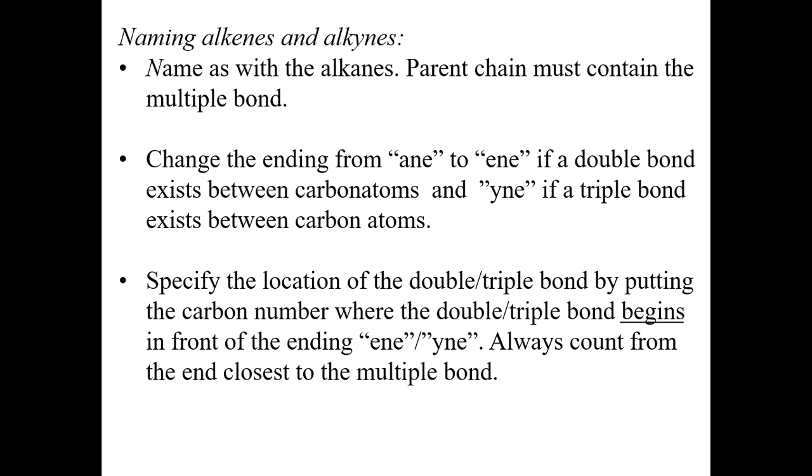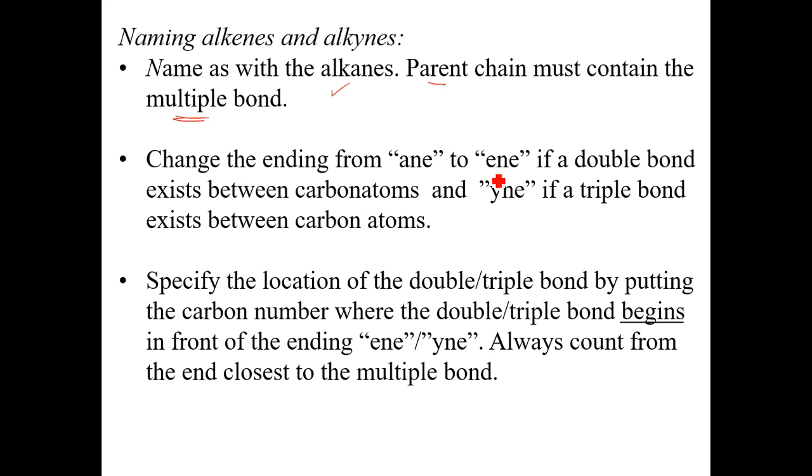So how do we go ahead and name these? Well, it's actually no different, except we're going to have to change the ending. We need to specify where that double or triple bond is. And then we use the rules as well in terms of the branches, if there are branches. So name as the alkanes. Parent chain has to have that multiple bond in the parent chain.